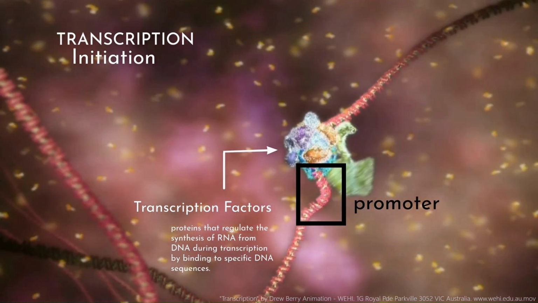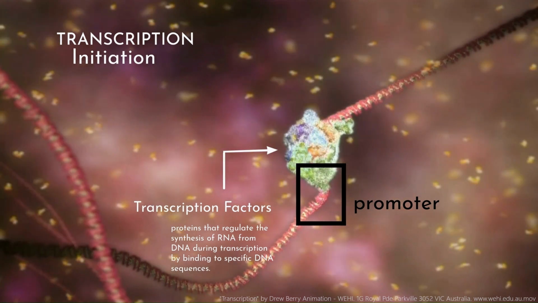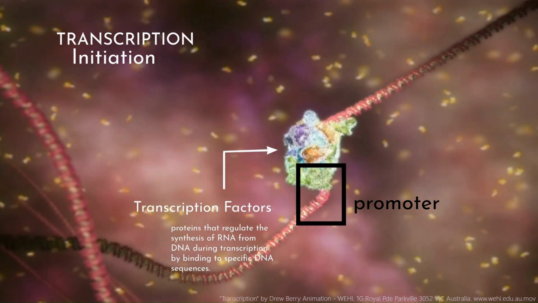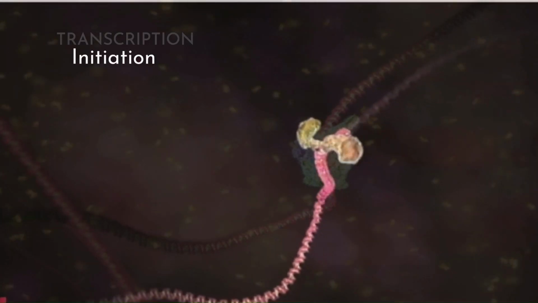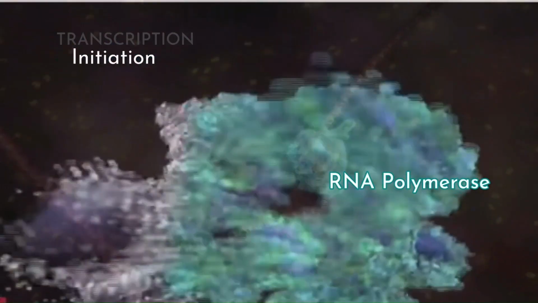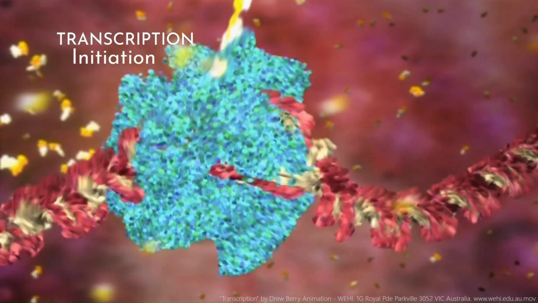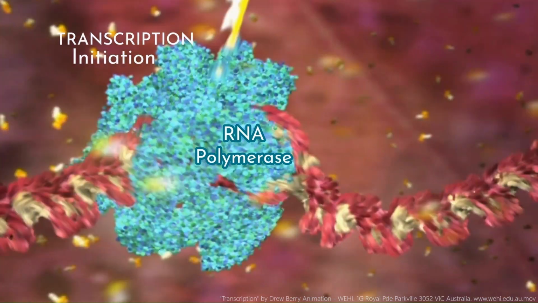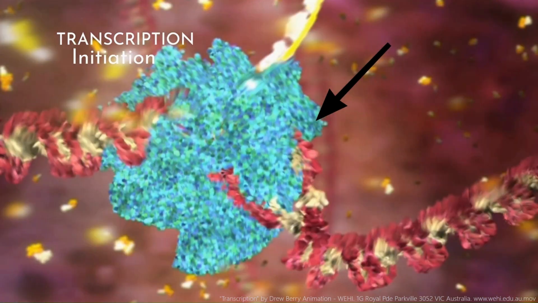This promoter/TATA box is found just upstream of the gene in the DNA sequence that we want to transcribe. Initiation is when an enzyme called RNA polymerase binds to the promoter. This signals the DNA to unwind, so the RNA polymerase can read the bases in one of the DNA strands.